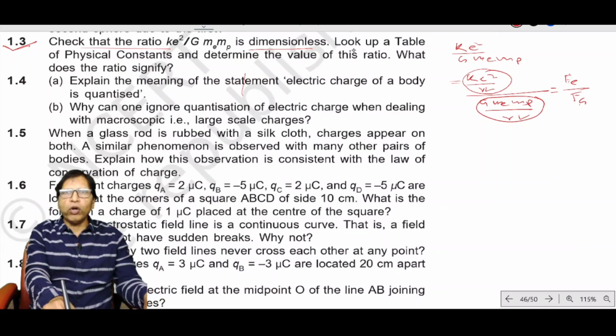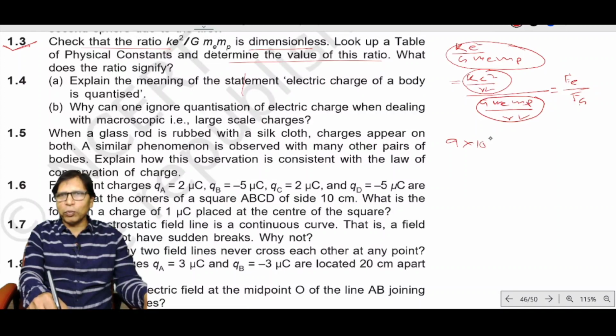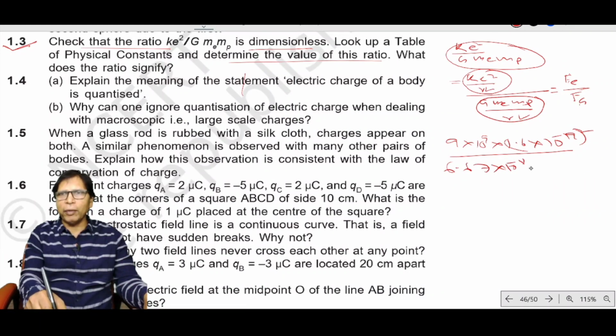Okay. Look up a table of physical constants and determine the value of this ratio. Now the value of this ratio: K is 9 into 10 to the power 9, E is 1.6 into 10 to the power minus 19 whole square, divided by 6.67 into 10 to the power minus 11.